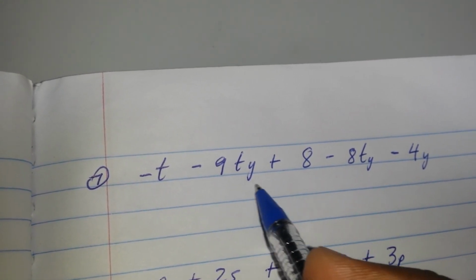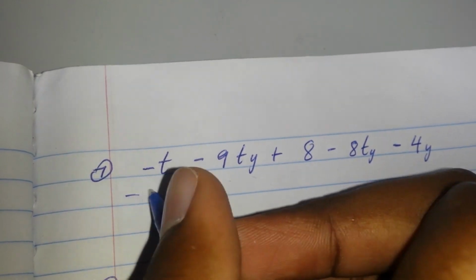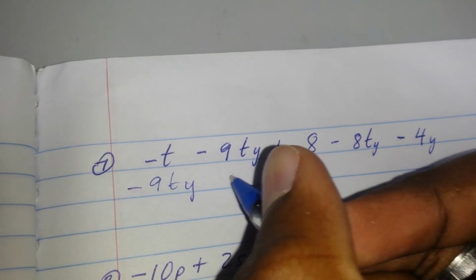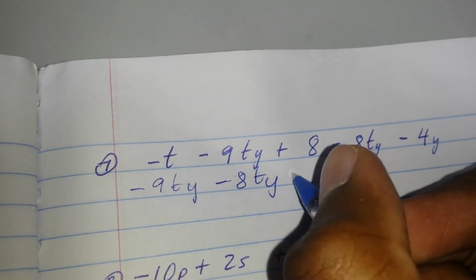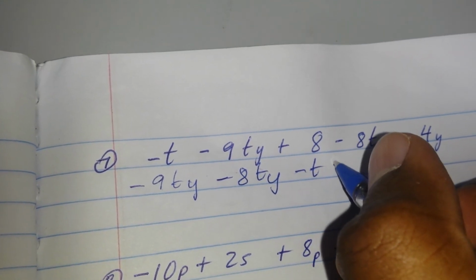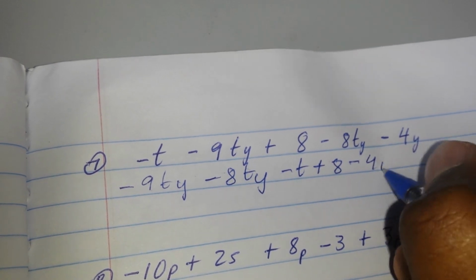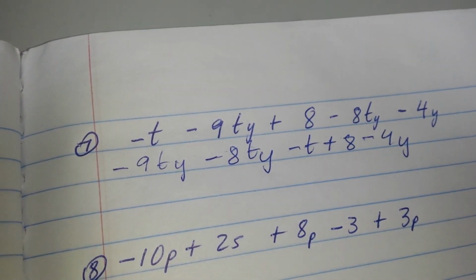So that's the only thing that could simplify here. So let's write it out in grouping. Minus 9ty minus 8ty. You have minus t there. You have a plus 8 and you have a minus 4y. I'm glad I did this one. Alright, it's a bit different.